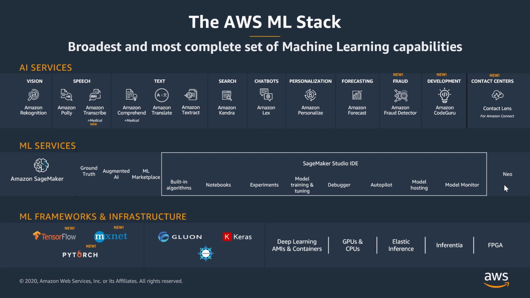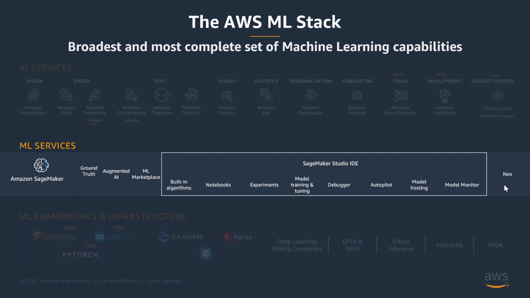The second layer is Amazon SageMaker and its companion applications like the Studio IDE, Neo, Marketplace, and more. And towards the end, we have our machine learning frameworks and infrastructure that is bundled with our EC2 and our container services. Today, we're going to talk about the second layer, which is Amazon SageMaker.